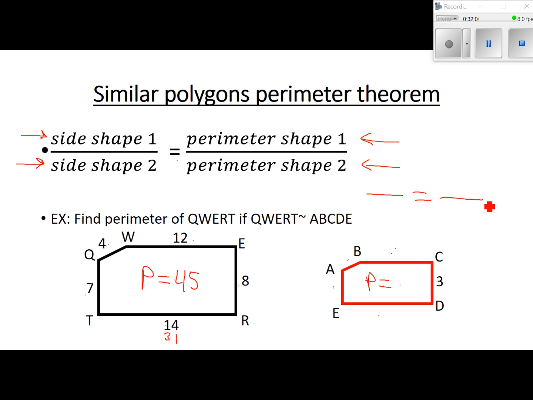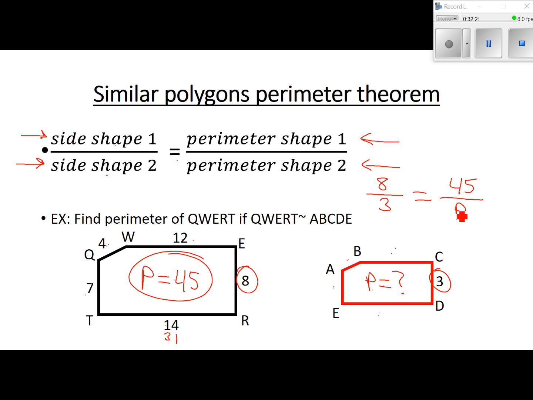So if I take a side in the first shape, and I want to match it up to a side in the second shape, well, the sides that I know that match up are the 8 and the 3. So I'm going to set up that ratio, 8 over 3. And then I want to match up the perimeter of the first shape, which I just found was 45, to the perimeter in the second shape, which I don't know.